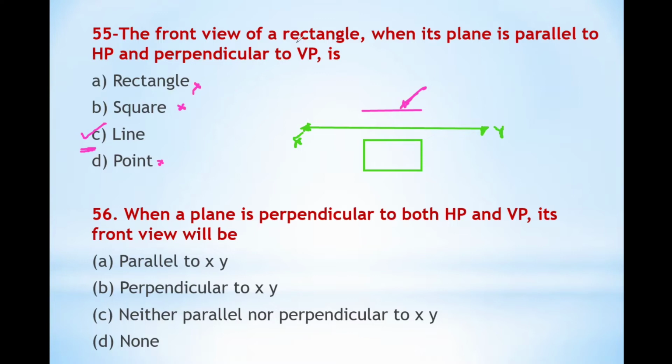We'll see next, the 56th. When a plane is perpendicular to both HP and VP, then its front view will be, so let us see. If any plane is perpendicular to both the HP and the VP, how will its front view be?